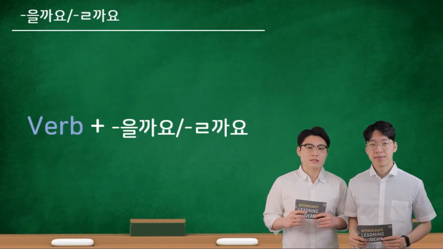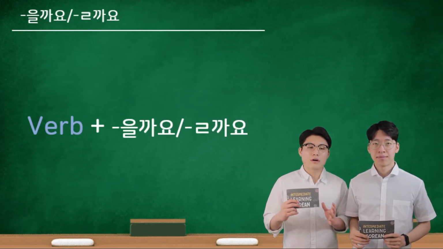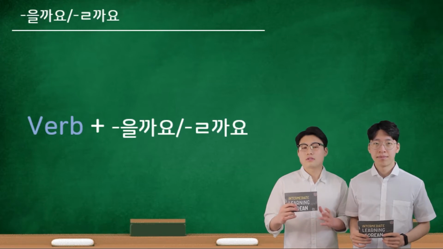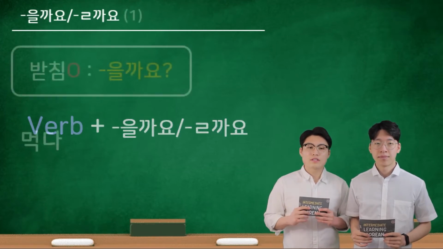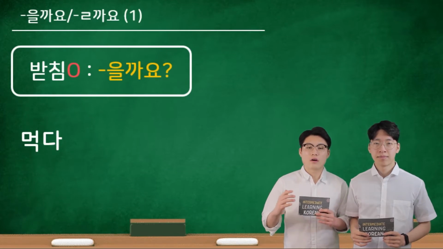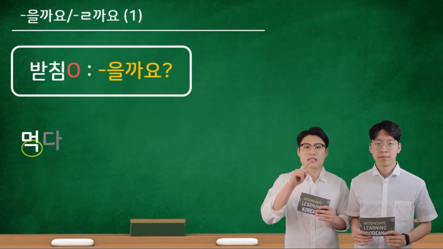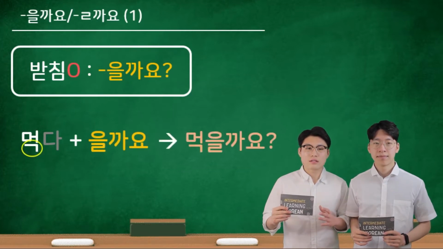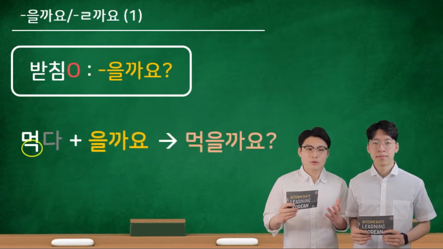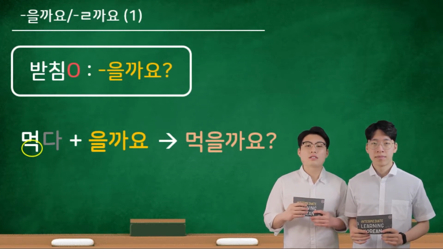That's a good question. If there is a final consonant in the stem of a verb, 을까요 is used. For example, when we remove 다 from the verb 먹다, is there a consonant 기역? Then we use 을까요 after, so it becomes 먹을까요.